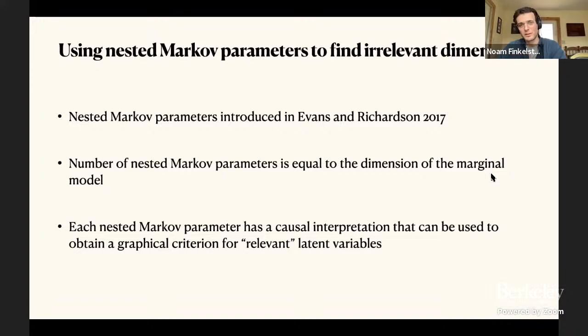The number of nested Markov parameters is equal to the dimension of the nested Markov model, which has been shown to be equal to the dimension of the marginal model, I believe also by Robin Evans, which means you get essentially 1 parameter per dimension. And the second really nice property is that each parameter has a causal interpretation, and the causal interpretation can be used to obtain a graphical criterion for relevant latent variables for each parameter.